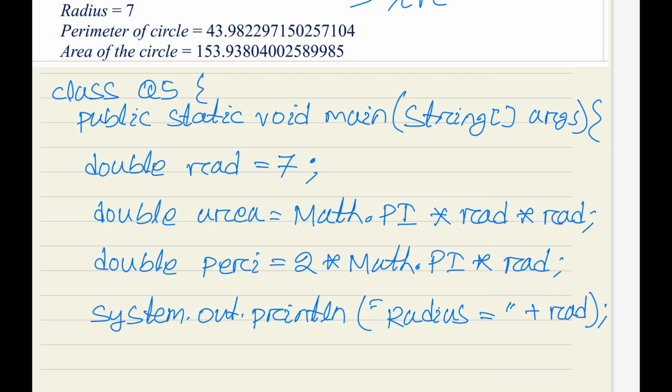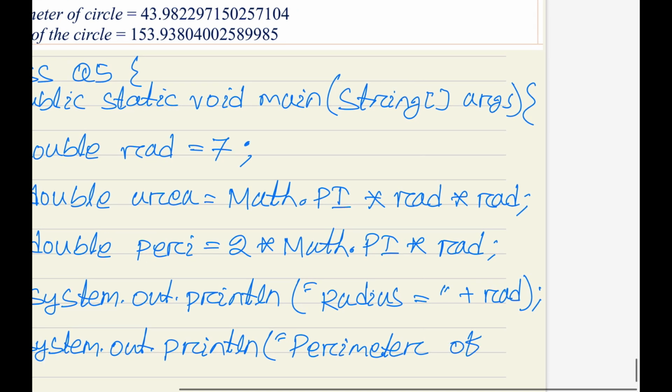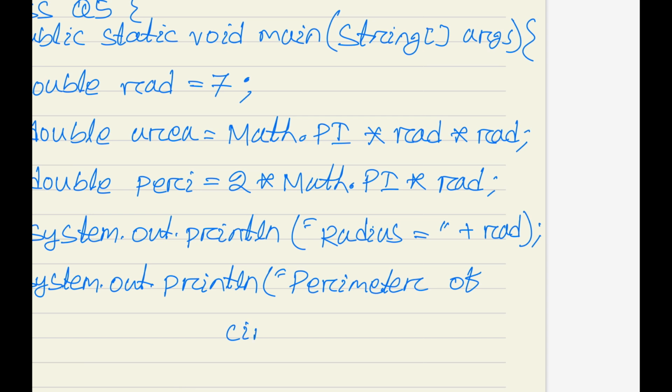Similarly I can write in the next statement, System.out.println, then perimeter of circle equal to, inside double quote. So perimeter of circle equal to inside double quote, then the variable for the perimeter, that is peri.